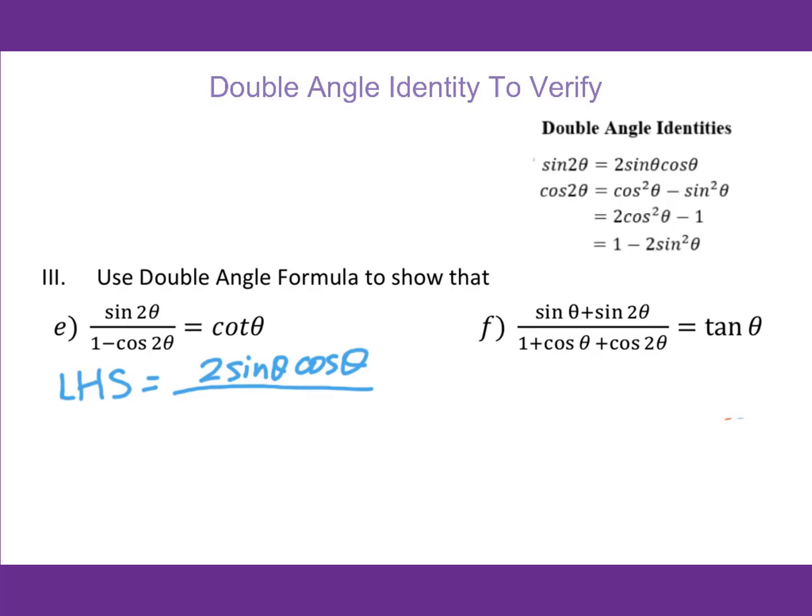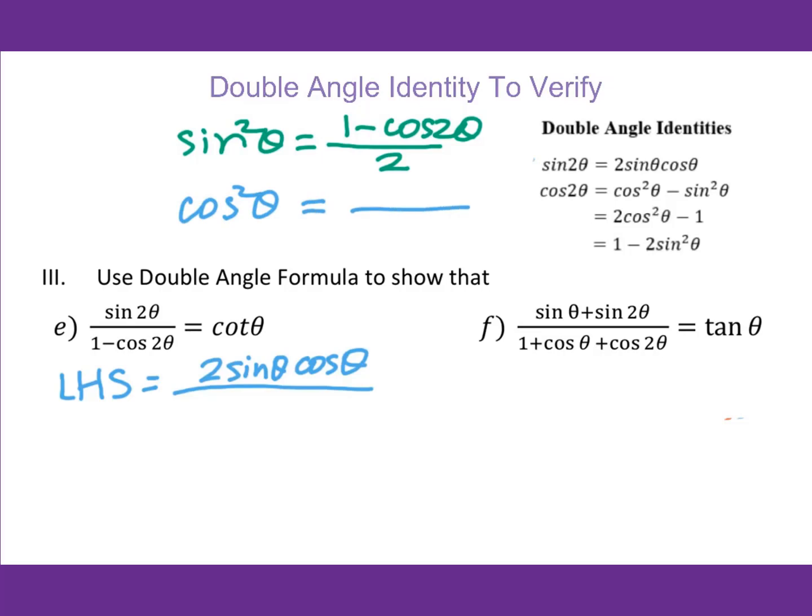For 1 minus cosine 2 theta, we know that sine squared theta equals (1 minus cosine 2 theta) over 2, and cosine squared theta equals (1 plus cosine 2 theta) over 2. Therefore, 1 minus cosine 2 theta, multiplied by 2 on both sides, is 2 sine squared theta.